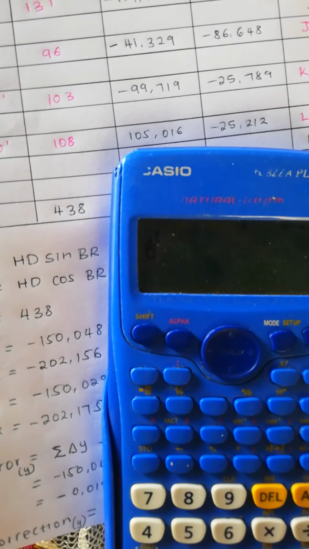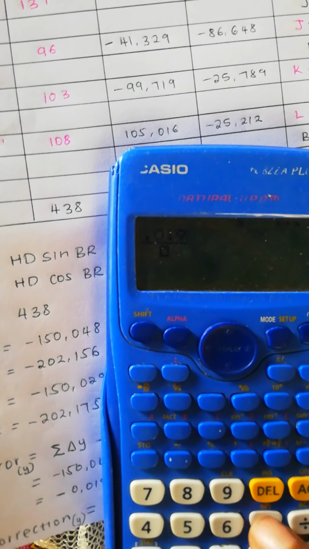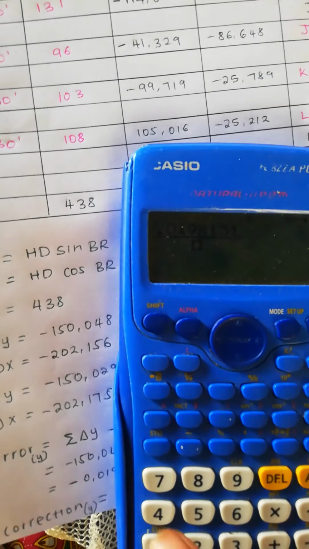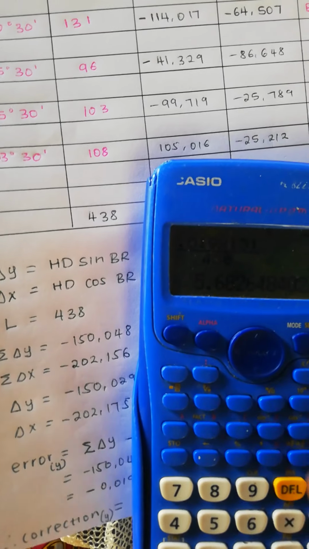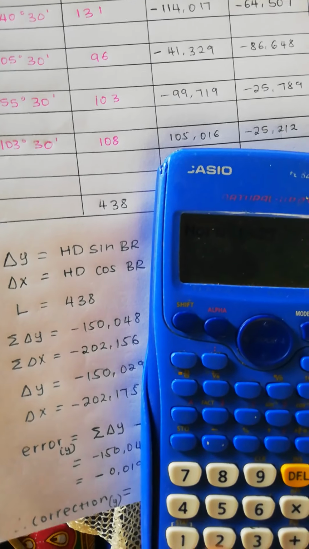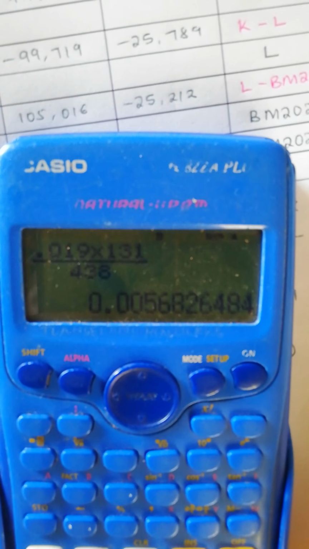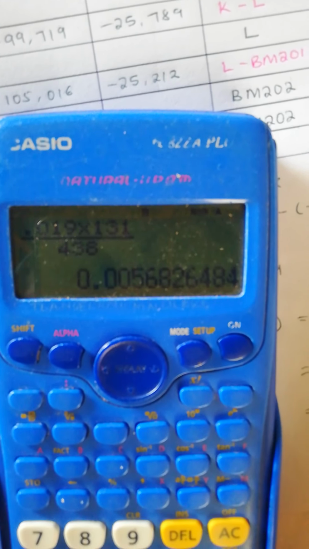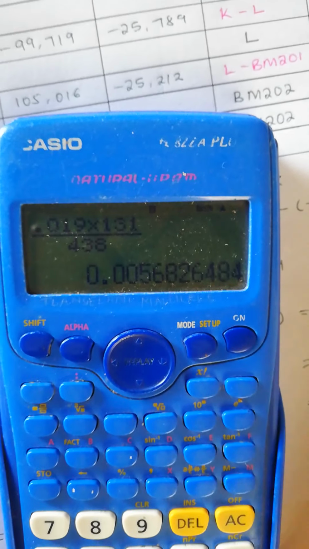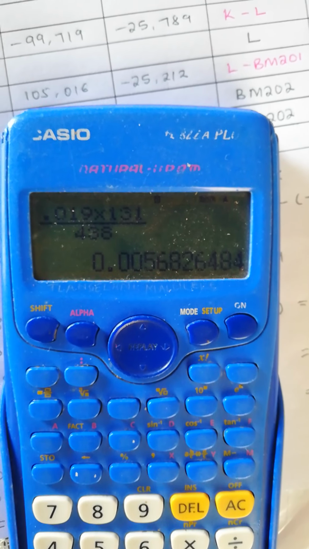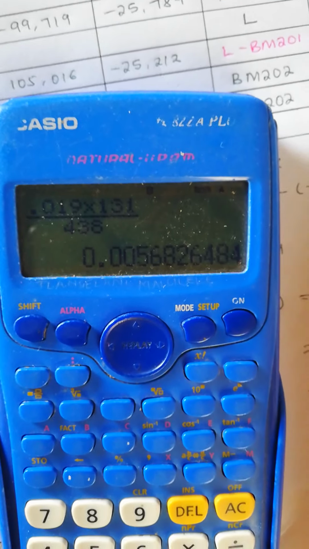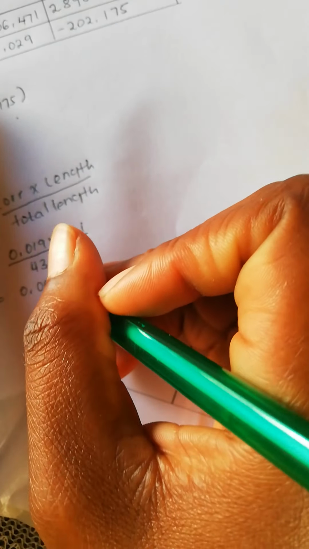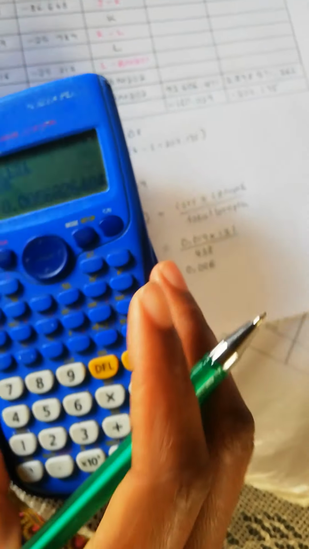It's 0.019 multiplied by 131 over 438. So you see it's 0.005682 something. Mr. Ali said we must round off our answers to 3 decimal places. So in this case, it's going to be 0.006. And then from there, you calculate voltage for y, for x.